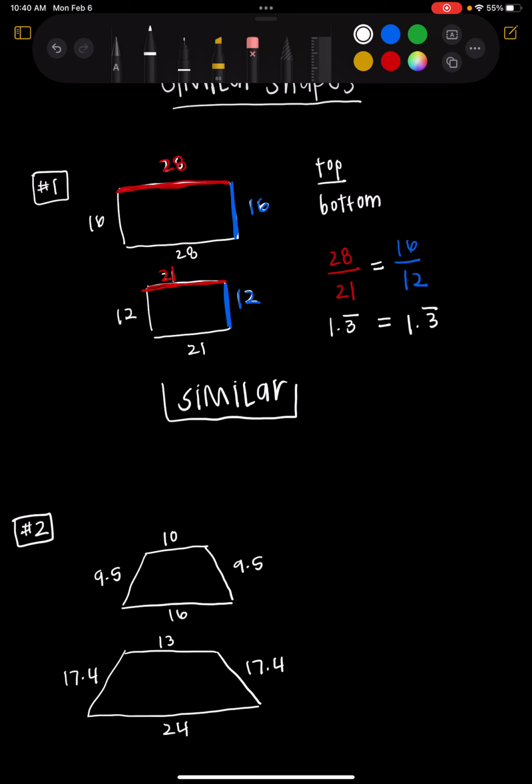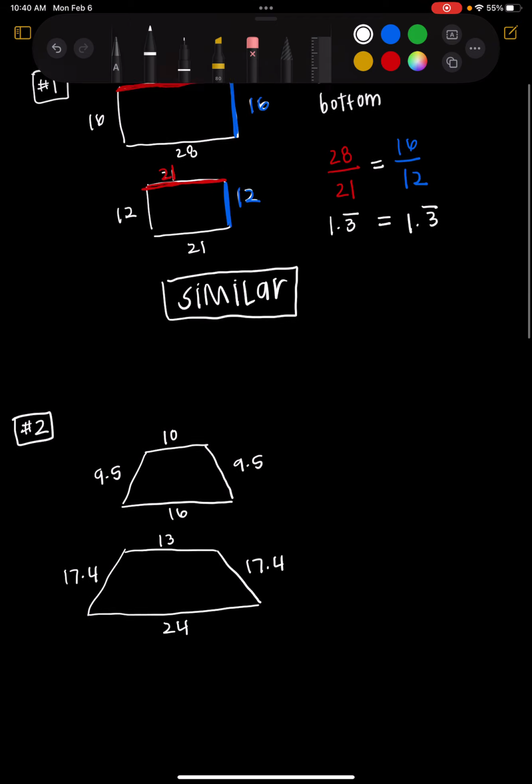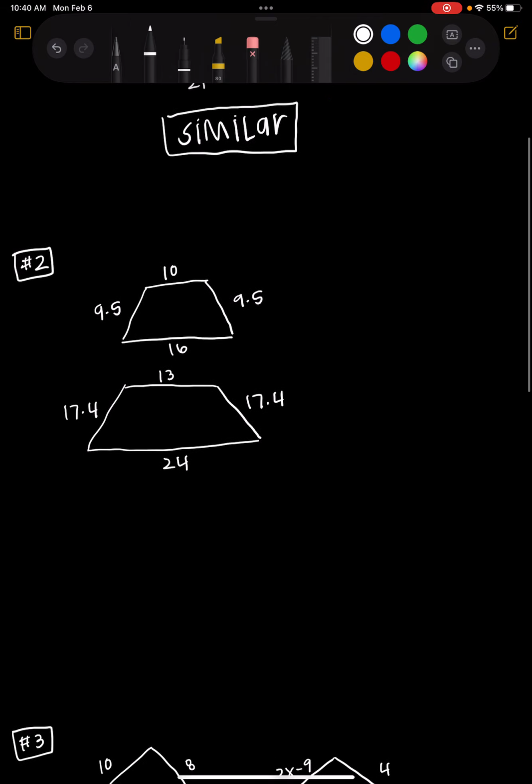Sweet. Okay, so now let's go over the second example. We're going to do the same thing. I'm going to once again use those proportions top over bottom. And now we just have to figure out red versus blue. I'm going to do the red as the tops. So we've got 10 and 13.